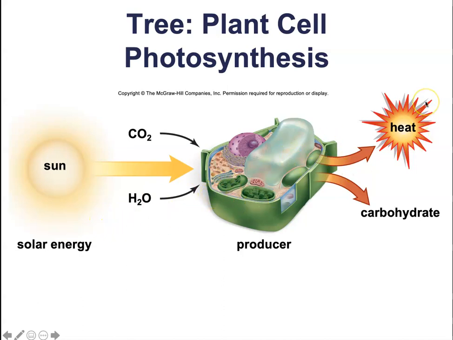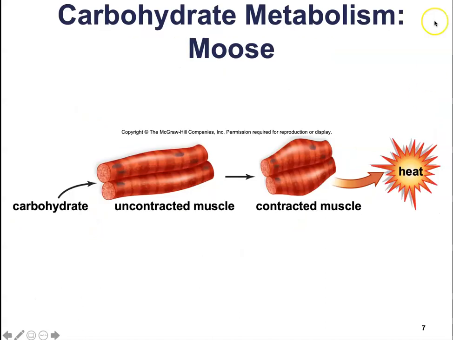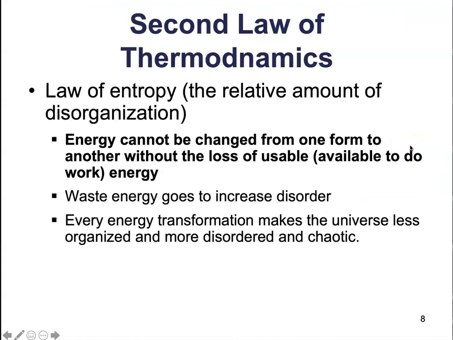But then some of that energy is going to be released as heat. If you look at the moose, the animal in that picture, they're going to eat that carbohydrate. That carbohydrate can be broken down to generate ATP in order to let their muscles contract. But again, some of that energy will be lost as heat as well.